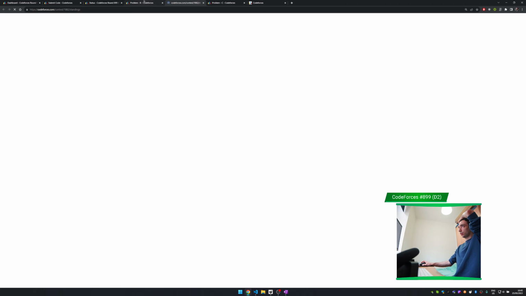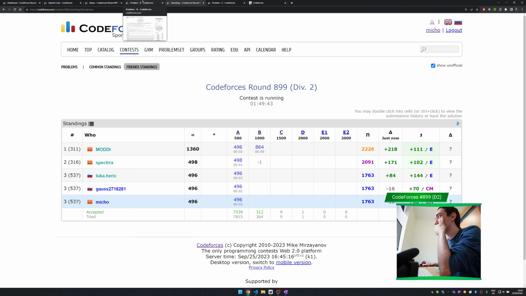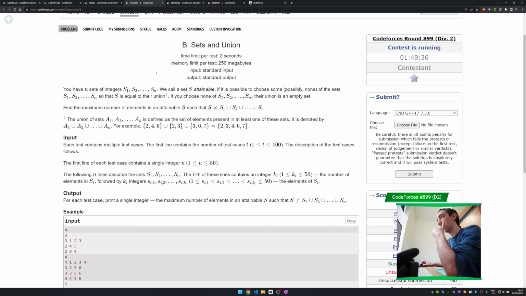Weird. How is this optimal? The union that is not equal to the set. So if the frequency is this, I want to delete the most.